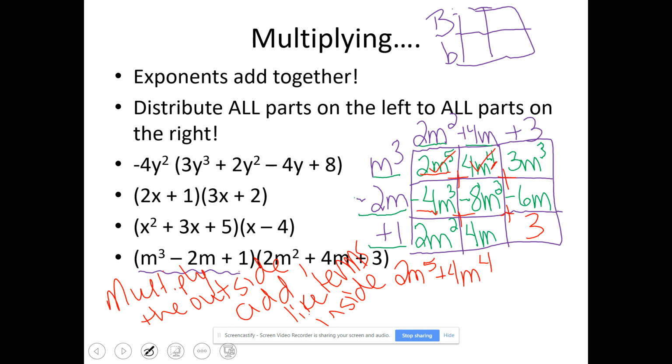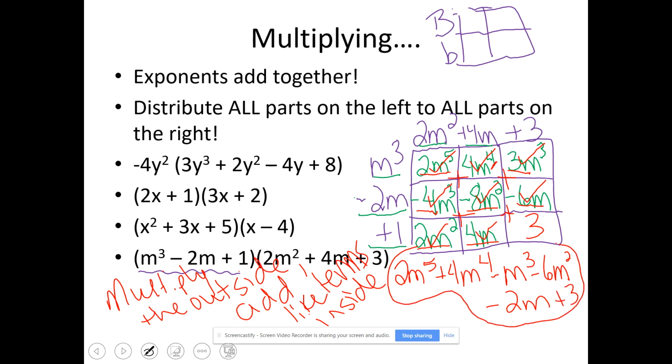Negative 4m cubed plus 3m cubed is negative 1m cubed. Check, check. 2m squared plus negative 8m squared is negative 6m squared. Check and check. 4 plus negative 6 is negative 2m. Check and check. And then I have a positive 3.